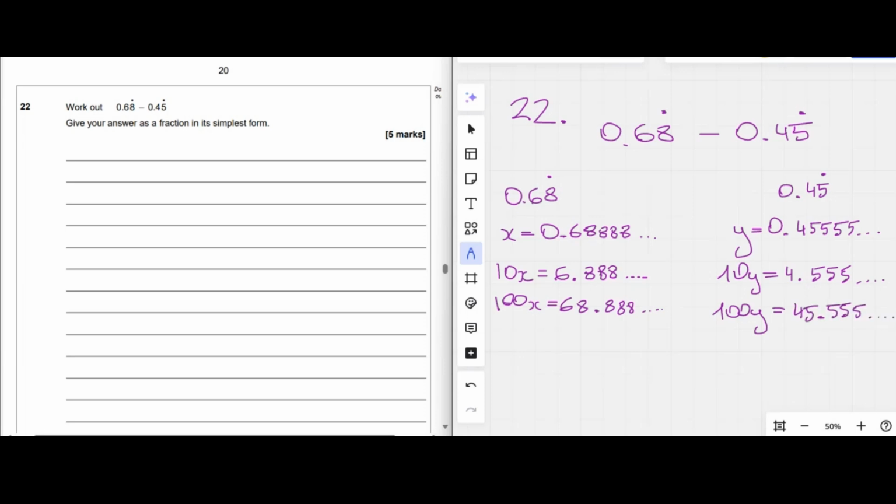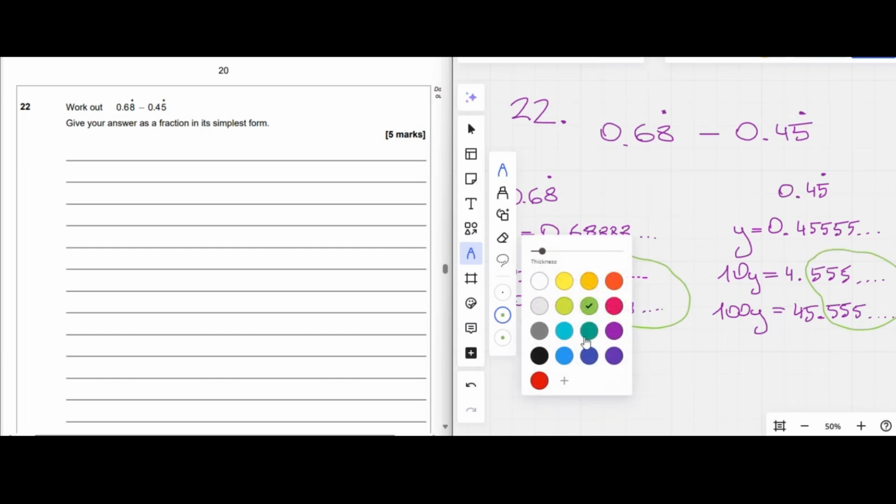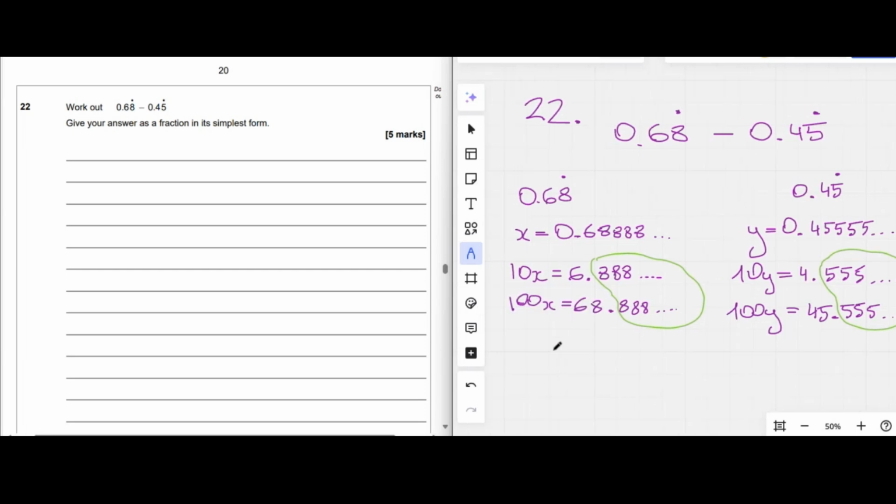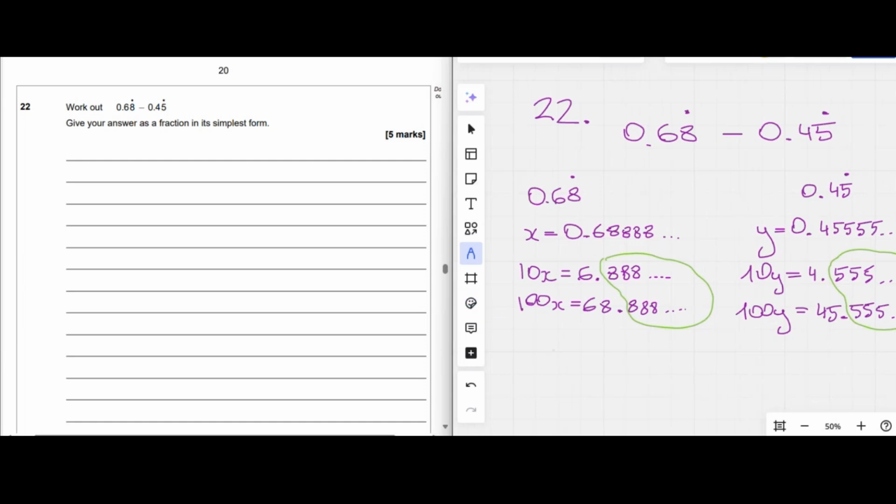And we did that to make the same decimal parts on each. So this is just 888 and this is just 555. So now let's mark the second line, the second equation, as 2 and the first as 1. And we can then do second minus the first.